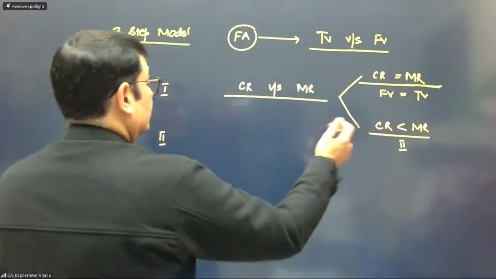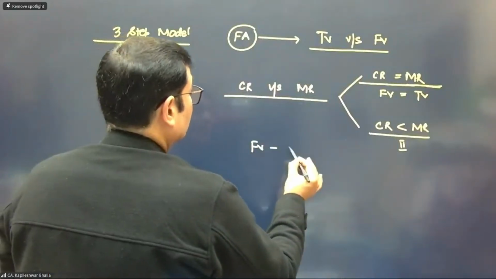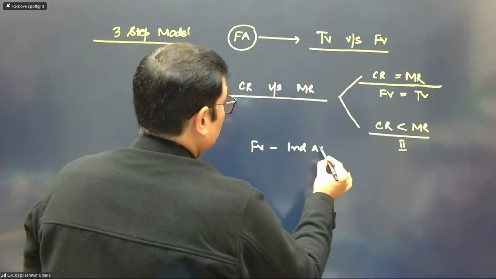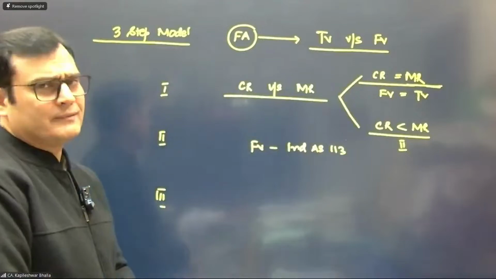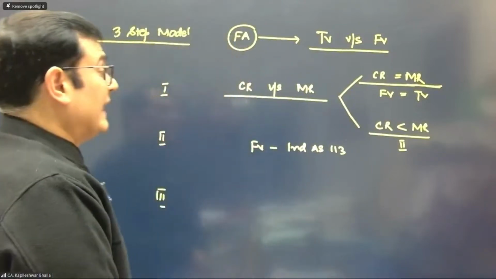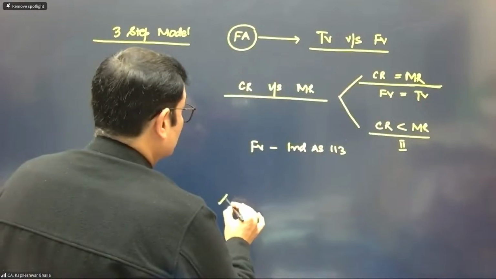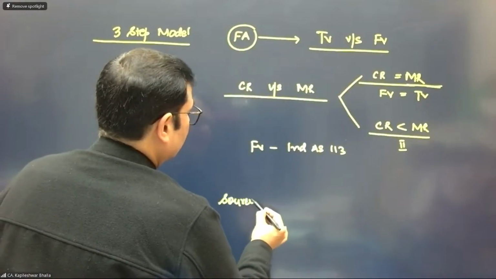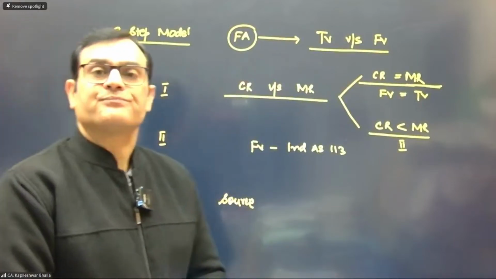And if this is the case, you need to calculate a fair value using the concept under Ind AS 113. That's it. And after you've done that, you go to step number 3 and find out the source of the data used to calculate the fair value.